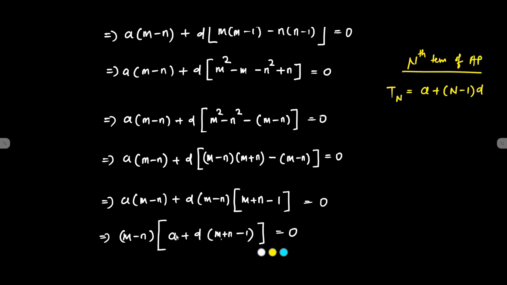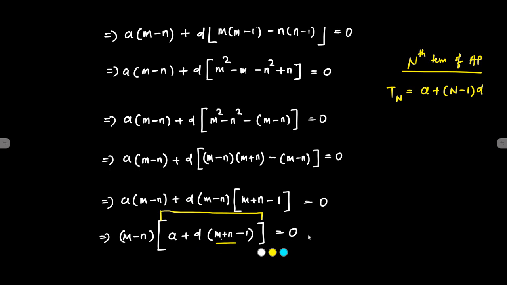Here we have A plus m plus n minus 1 into D equal to 0.